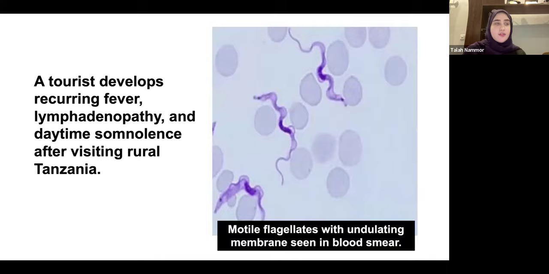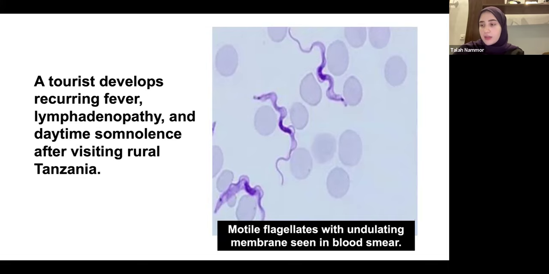Okay, now we have Trypanosoma cruzi and the other one that is Trypanosoma brucei. Guys, the names are hard. So one of them is short and fat, and the other one is slim and tall.